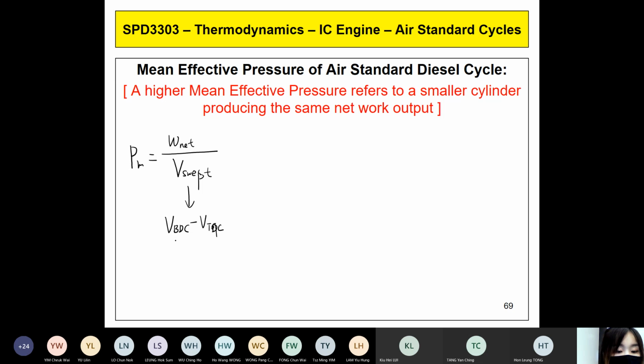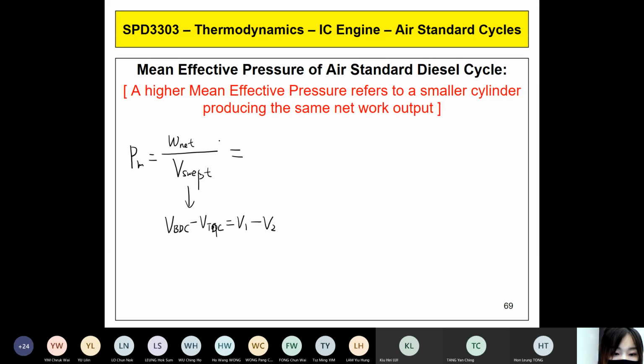For this cycle, it should be V1 minus V2, okay? The maximum value minus the minimum value. This is the swept volume, the volume swept by the movement of your piston.